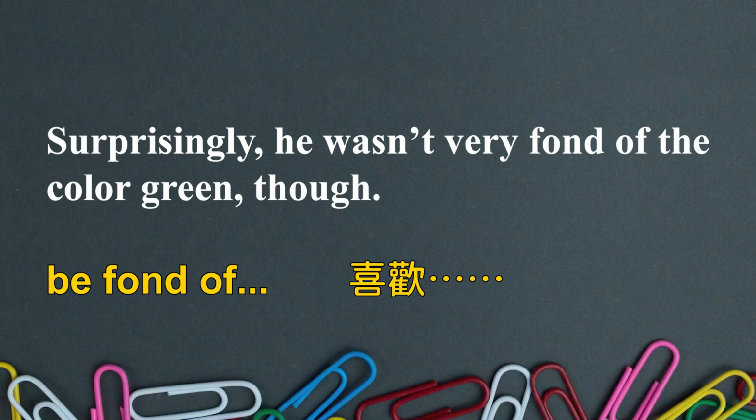Surprisingly, he wasn't very fond of the color green, though. 那 surprisingly， 他这边用一个副词开头，他说令人惊讶的是，他并不是太喜欢绿色这个颜色哦。 That's right. When we're not fond of something, that means we don't really like. When you are fond of something, you like it. You can also be fond of somebody, and this means you like them, but it's not like you're my boyfriend or girlfriend.